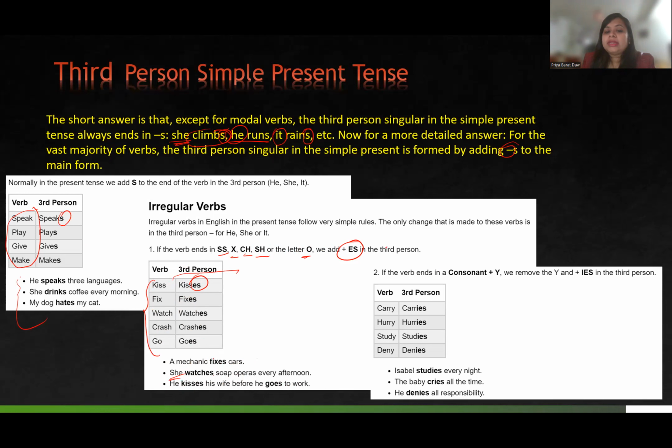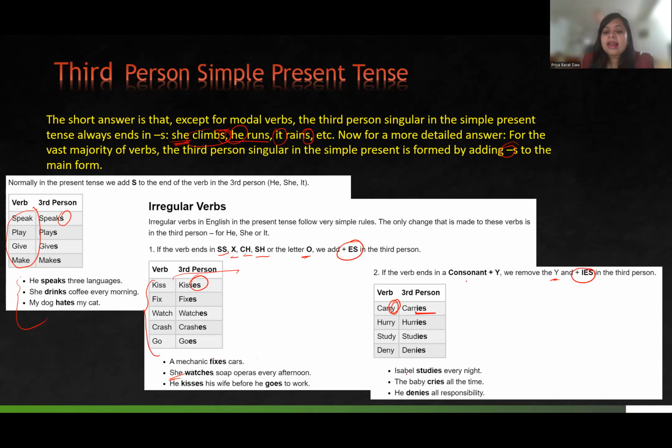Okay. Now there is one more condition. If the verb ends in a consonant plus y, we remove the y and use ies in place of y. So like here, carry: we remove y and use ies in place of y. Hurry, hurries. Study, studies.